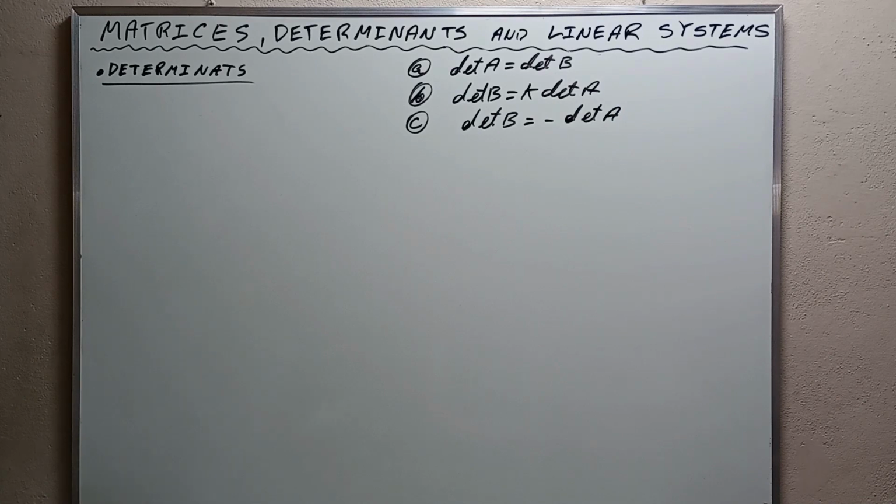Again, if two rows of matrix A are swapped, let's suppose you are putting row 1 in the place of row 4 and row 4 in the place of row 1, then the determinant of the new matrix is the negative of the determinant of the original matrix.